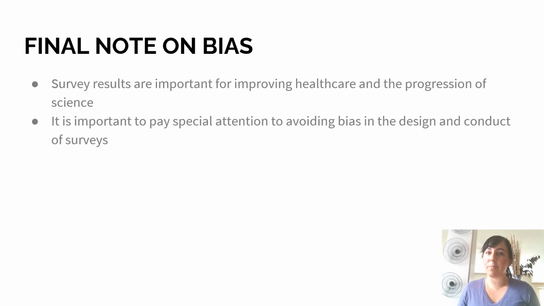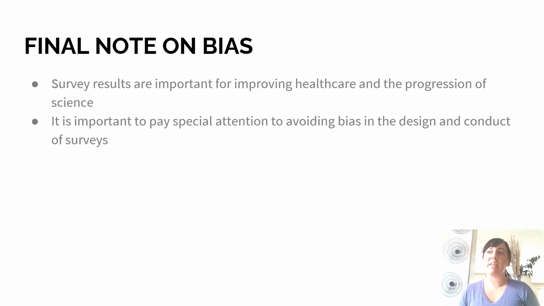So, final thoughts on bias. In science, you really do owe it to try to eliminate or reduce as much bias as you possibly can in your studies, okay? Because this is for the progression of healthcare, it's for the progression of science, it's for the progression of all of us. So when you are conducting a study, it doesn't matter how minor you think it is, it's still information that you're providing for everyone.